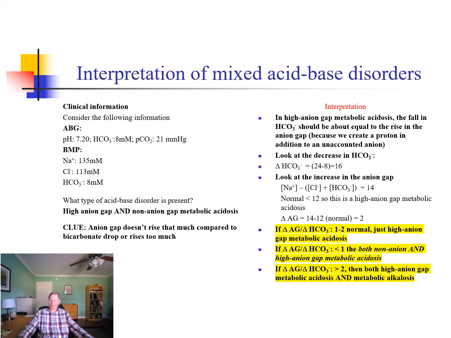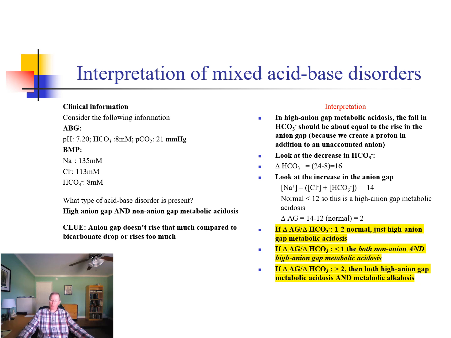If I look at the decrease in bicarbonate, it went from 24 to 8, so the change in bicarbonate was 16. I know that I have an anion gap of 14. I expect it to be 12. And so my change in anion gap, assuming 12 is my set point, is 2.